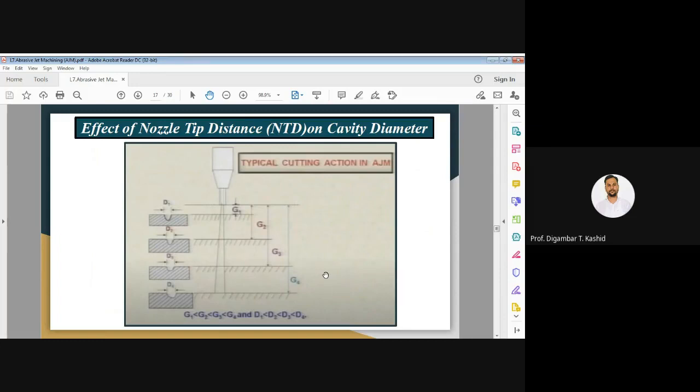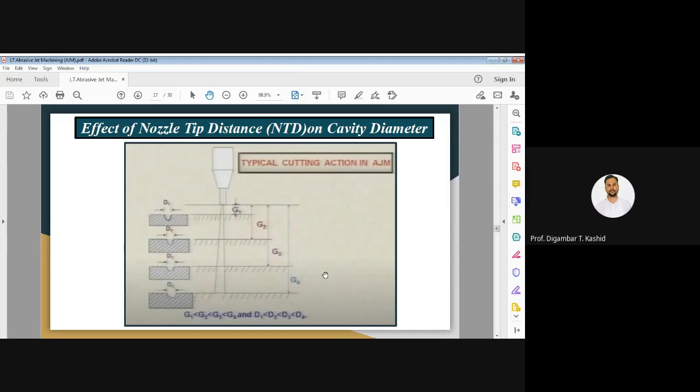Please remember, the most important point is that if you change your workpiece material, then for different workpiece materials, a different nozzle tip distance will be there. Again, the abrasive particles will be different.